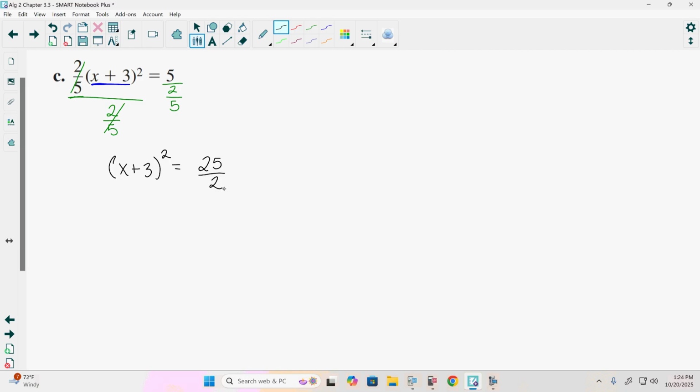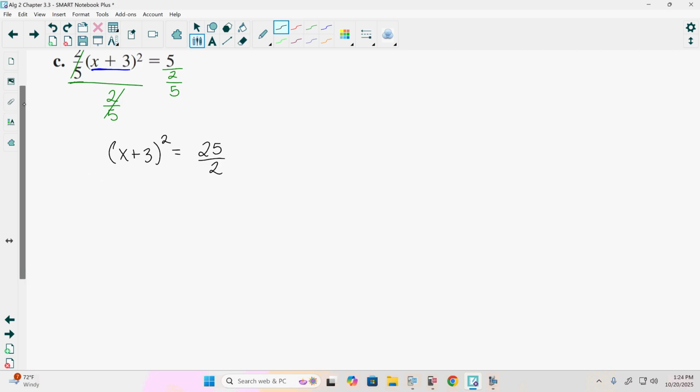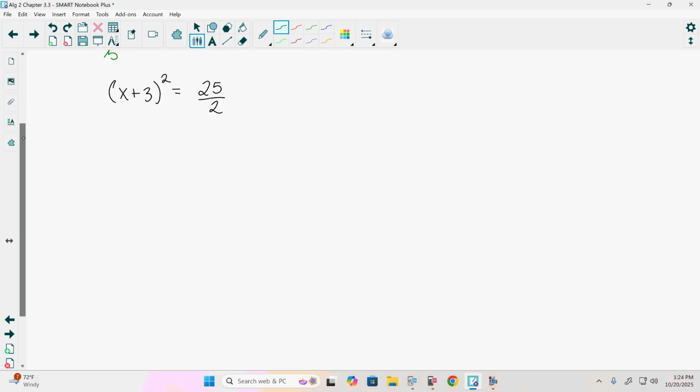Do we have anything being added to our squared term? Do we have anything being multiplied or divided by our squared term? No. We do have the plus 3 inside the parentheses, but that is a part of the squared term. It's not actually being applied to it. Our squared term is by itself.